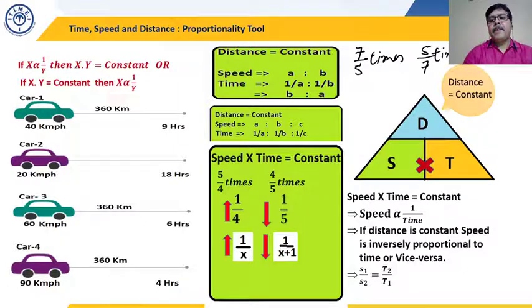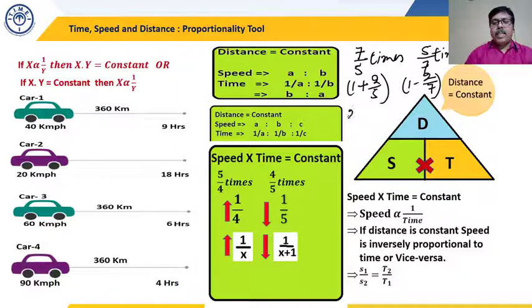So 7 by 5 is 1 plus 2 by 5, and 5 by 7 is simply 1 minus 2 by 7. So you can see if one variable is increased by 2 by 5, the other variable is decreased by 2 by 7 to keep the product constant.